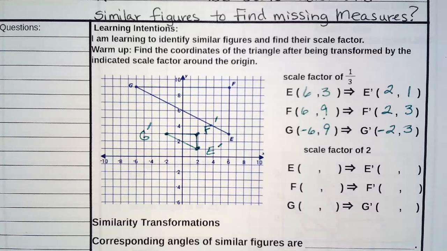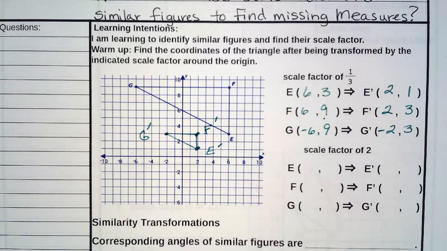Okay, we were able to do the scale factor of 1/3, but are we going to be able to draw the figure after a scale factor of 2? No, because it will completely go off of our grid.